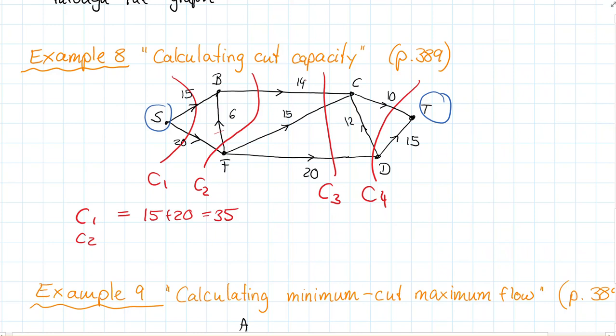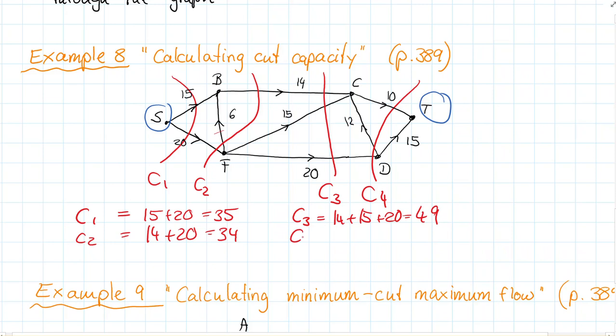So we only have to take into account the 14 and the 20. 14 plus 20 is 34. What's with cut 3? If we cut through here, we have a 14 from there, a 15 from there, and a 20 from there. So we add them all up, 14 plus 15 plus 20, and that is going to give me a 49.